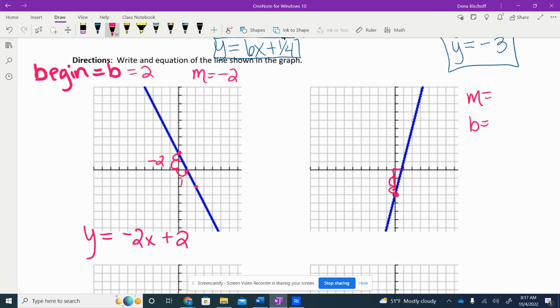We go up 1, 2, 3, 4 over 1. Yes. M is 4 over 1. And I'm just going to write it as 4 when I put it in my equation. What is my y-intercept? -3. So the equation is y equals 4x minus 3. Don't forget your x, okay? That's important.